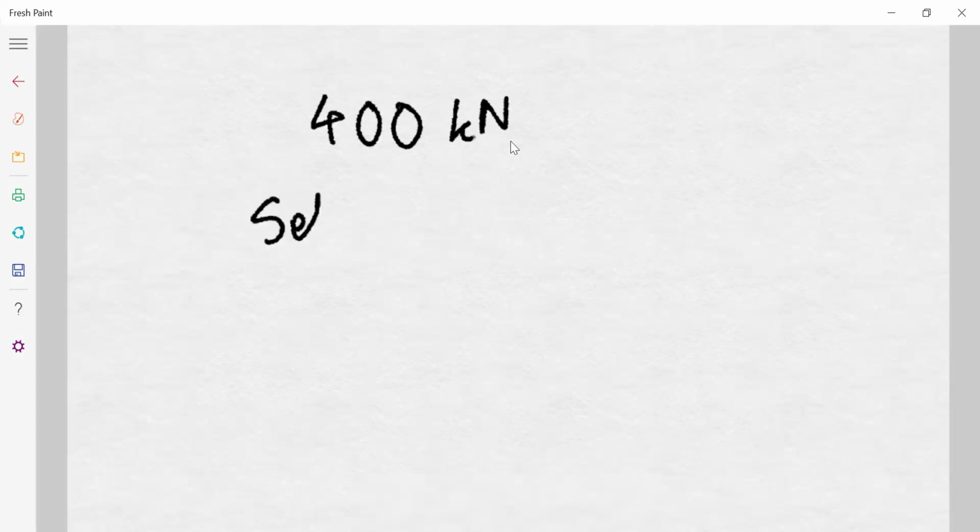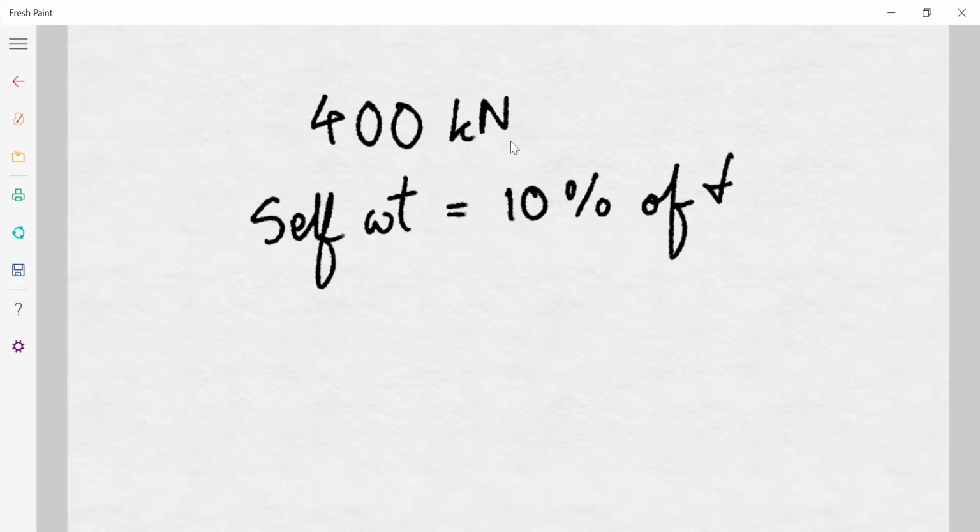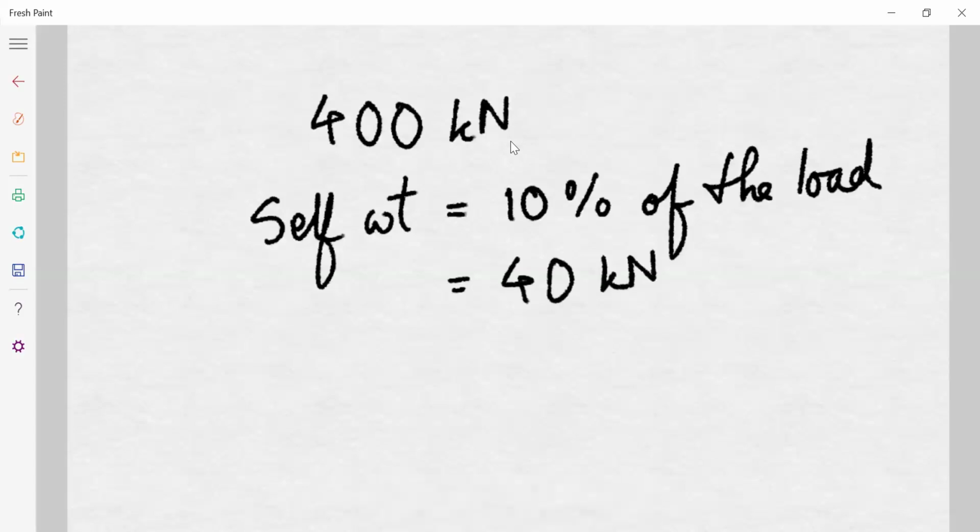We cannot calculate the self weight here exactly, so we take it as 10% of the load. It is like an approximation. So it will become 40 kilonewton, and the total will become 440 kilonewton.